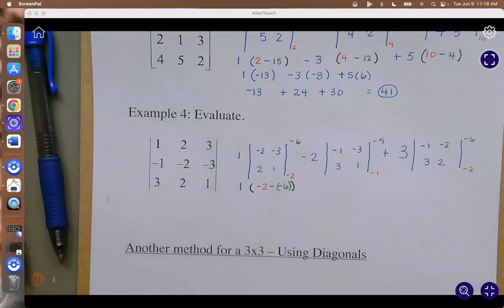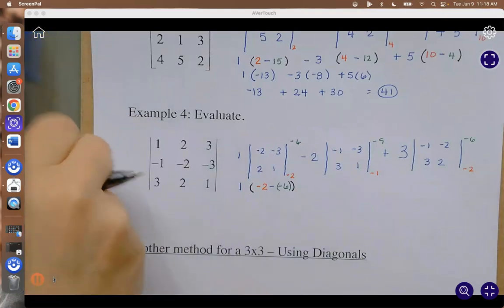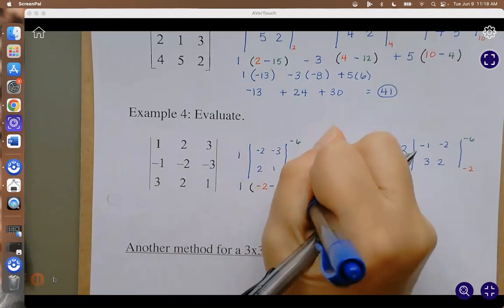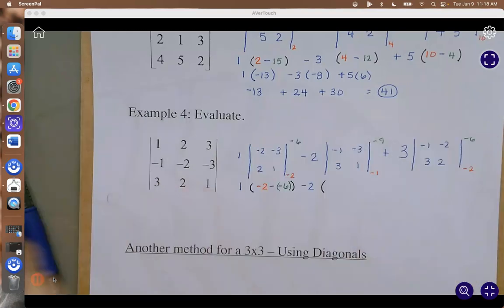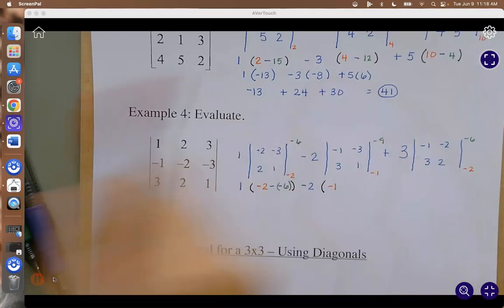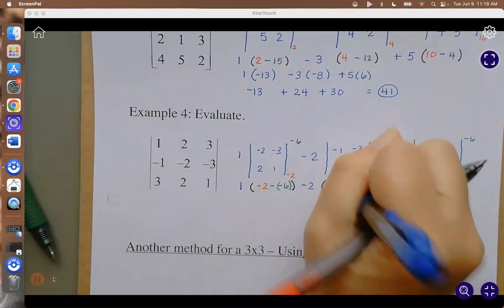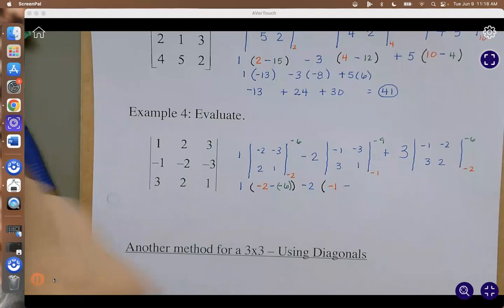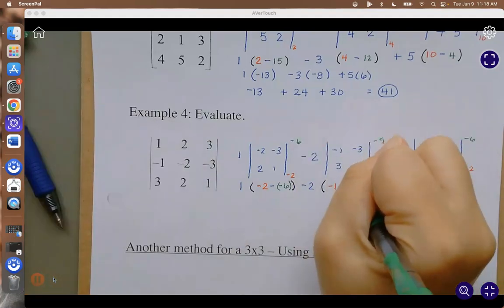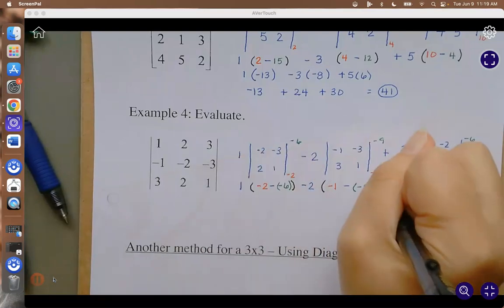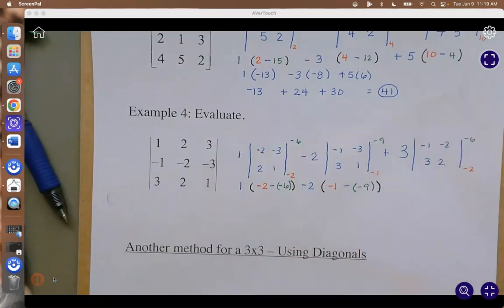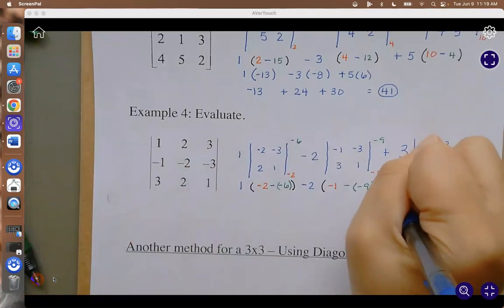Okay. Then we have -2, and in parentheses we have -1 minus -9. We're using all the negative signs, so this is going to test your ability of your sign rules, okay?